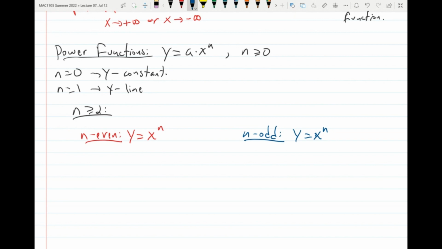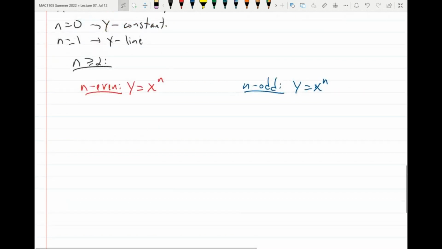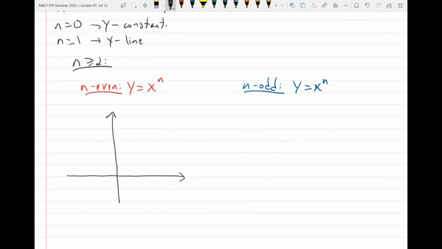If a is negative, it's a stretch or compression together with a flip. So a is really not important. What's important is the x to the n. When n is even, what do you think is going to happen? Well, this is going to look just like x squared. So when n is even, the power function is going to look like this.